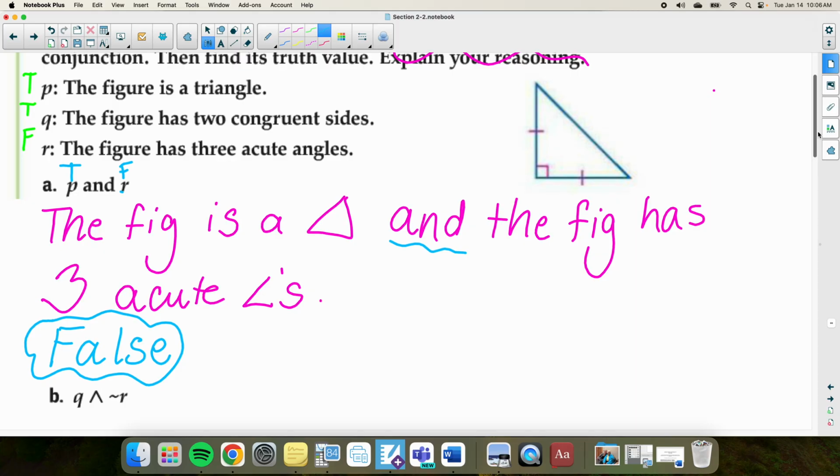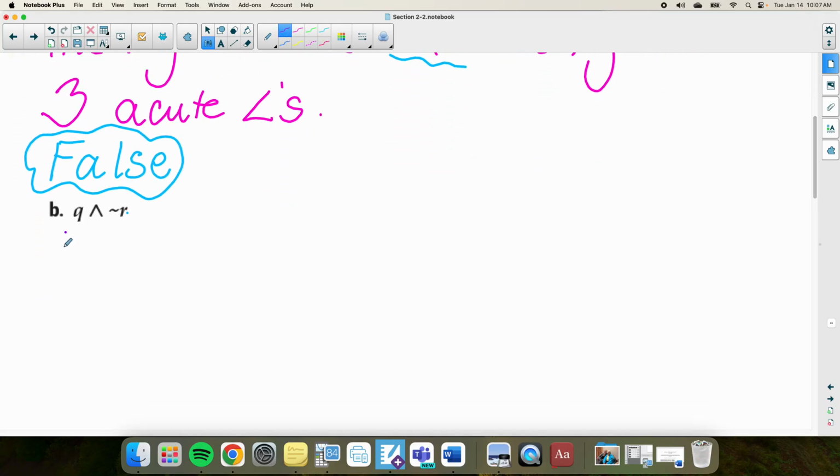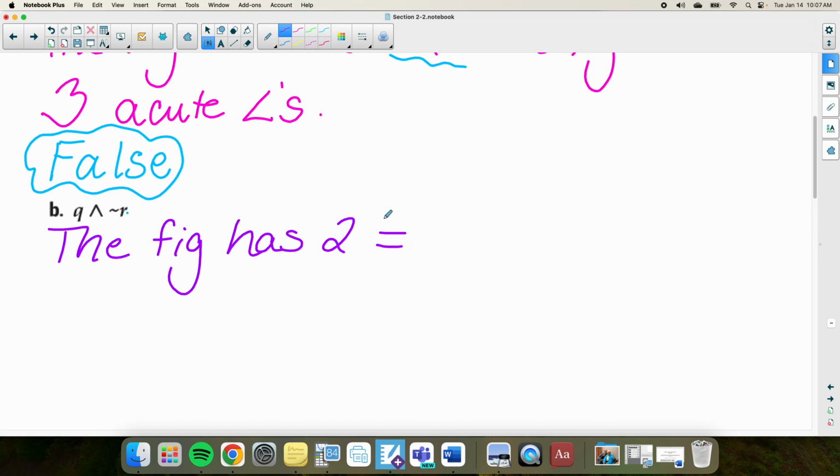Okay? Now this next one, they want us to write Q, that symbol means "and," and then they want us to negate R. So Q is the figure has 2 congruent sides, so I'm gonna write that. The figure has 2, I'm gonna use the congruent symbol for congruent, and then sides.